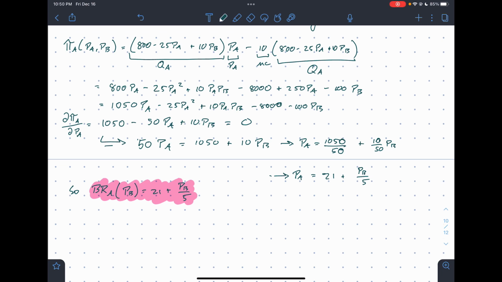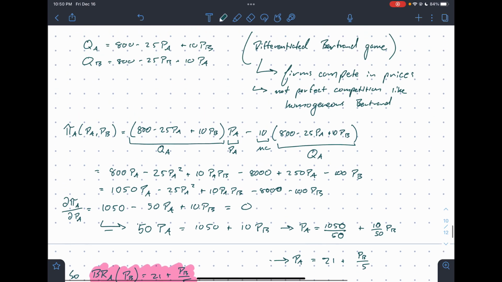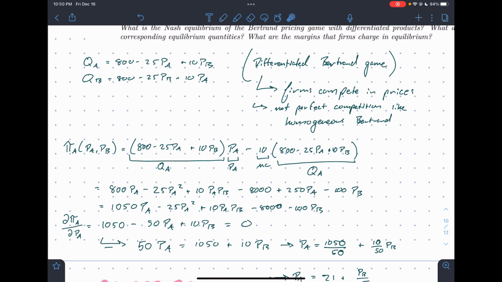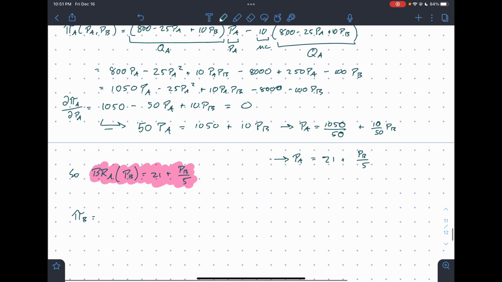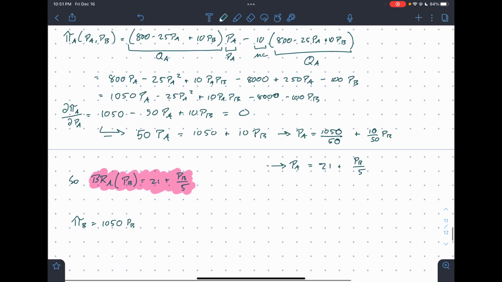Now, the demand structure for firm B is identical. We see it's going to be minus 25 times their own price, but plus 10 times the price of their competitor. This is exactly the same thing as A's. It's just that I switched the PBs and the PAs. Furthermore, the cost function for each firm is the same. They just have a marginal cost of 10. So the profit function is going to be very, very similar. I'm just going to write it out without doing all the steps. You can certainly try it if you want, but we're just going to find it's the same thing.